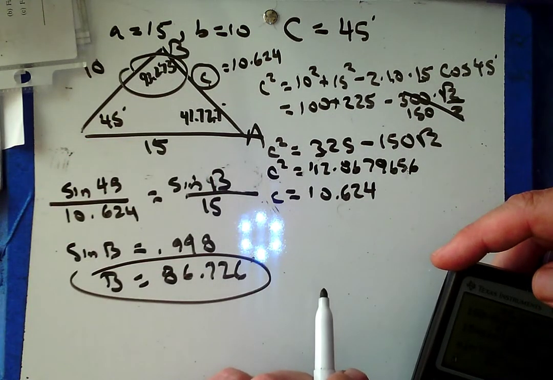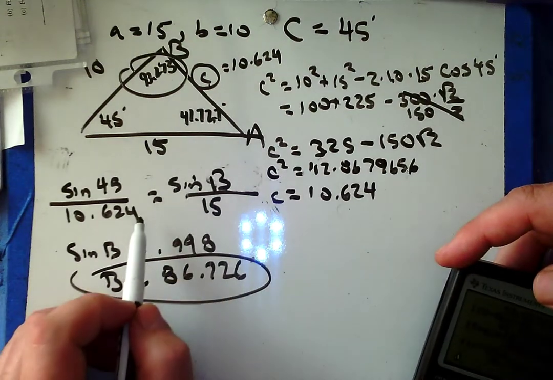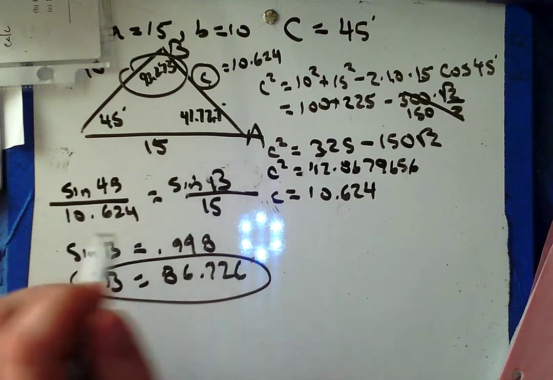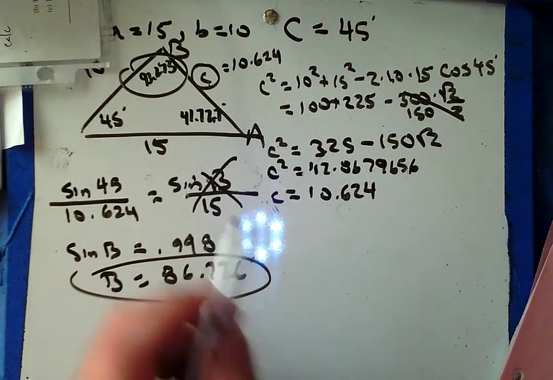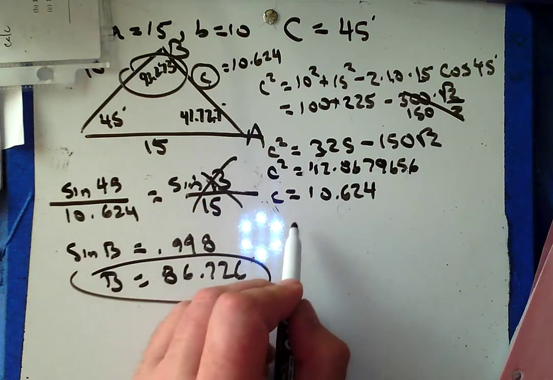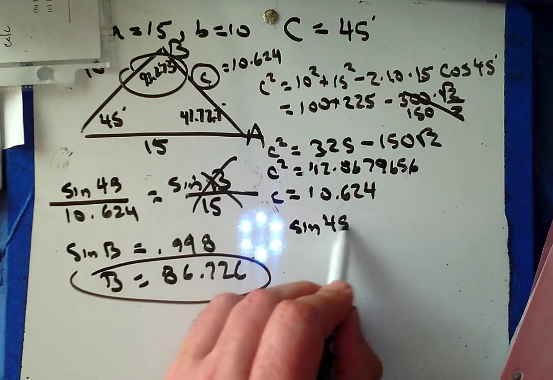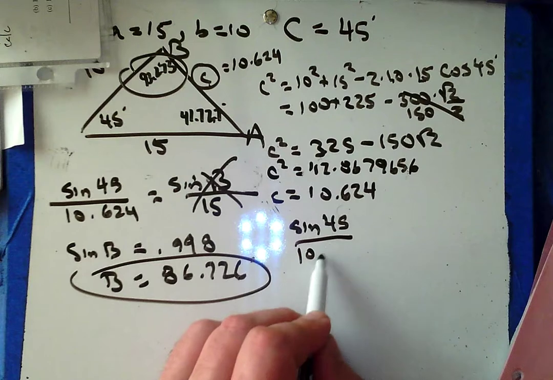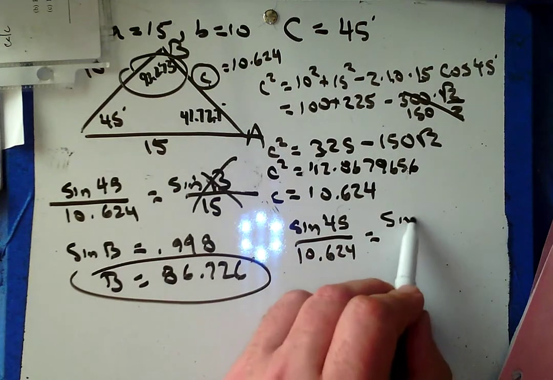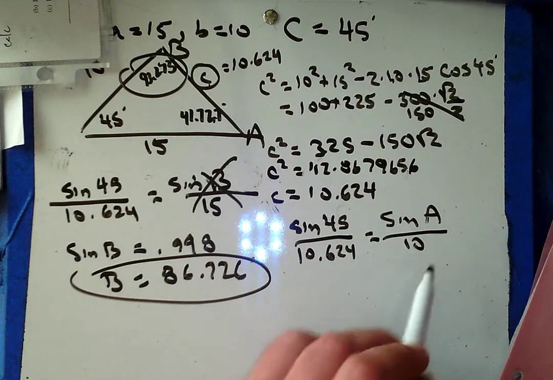How awkward. Going from law of cosines and switching to law of sines doesn't always work. I mean, if instead of finding b first, you had gone and found a first. Let's try that. Sine of 45 over 10.624 equals sine of a over 10.